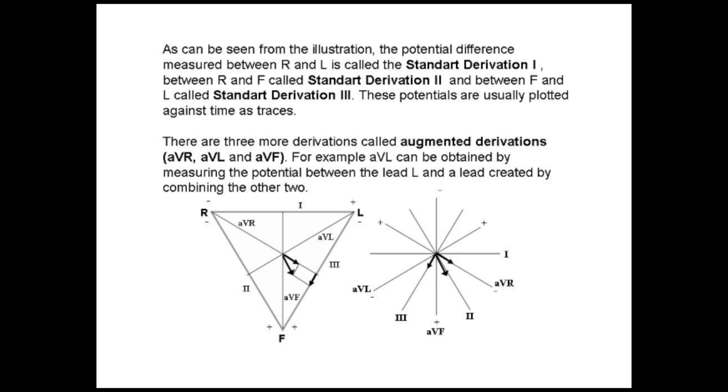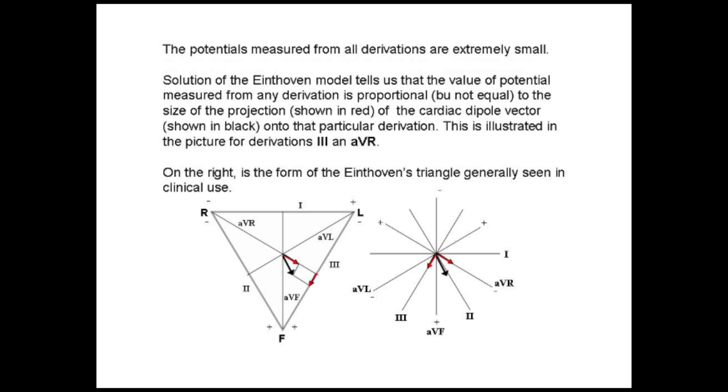What is the relation between the cardiac dipole and the potential difference that you're going to measure from those pairs of electrodes, which are called the derivations? The Einthoven theory says that the strength of the potential difference you're going to measure from a derivation will be proportional to the projection of the cardiac dipole onto that derivation axis.